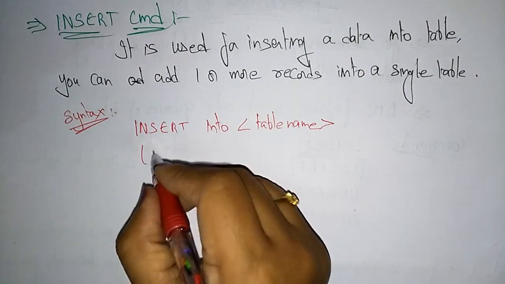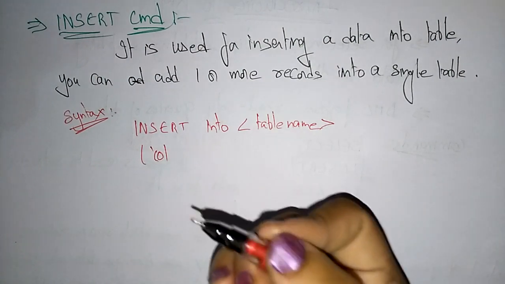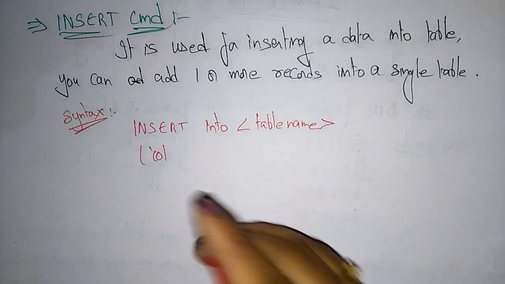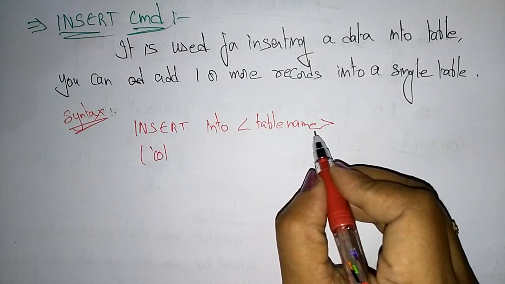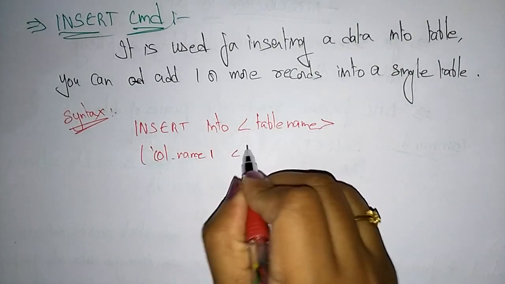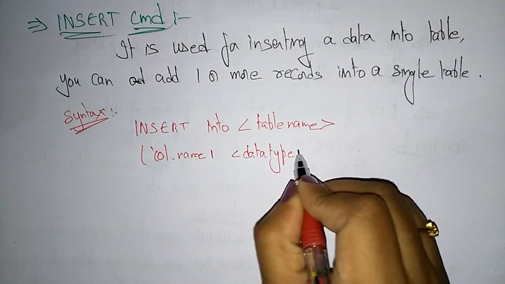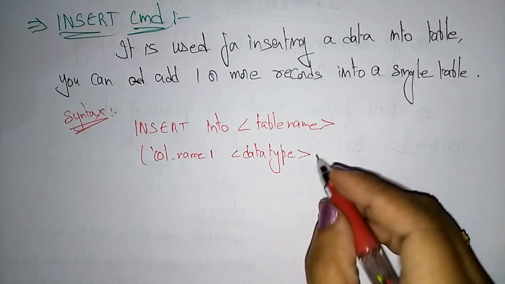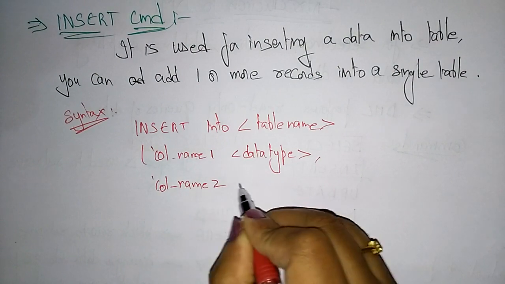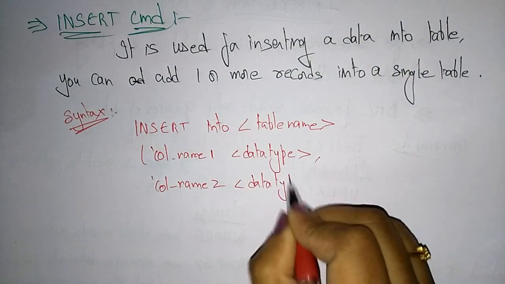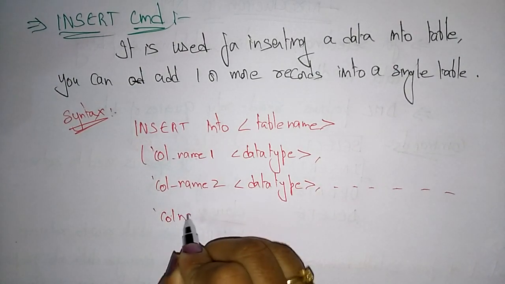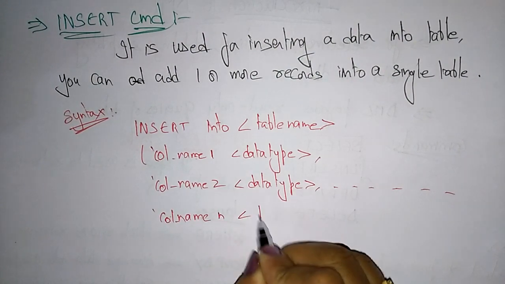Then you have to mention in which field, that is, in which attribute or column, you want to insert. So insert into table name, column name 1 and its data type, suppose an ID int like that, and column name 2, data type, up to column name n, data type.